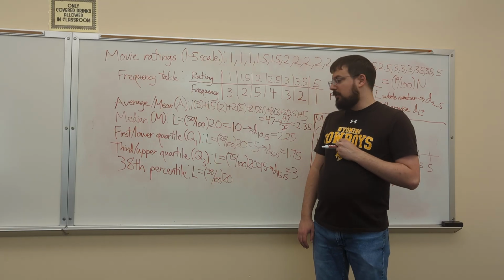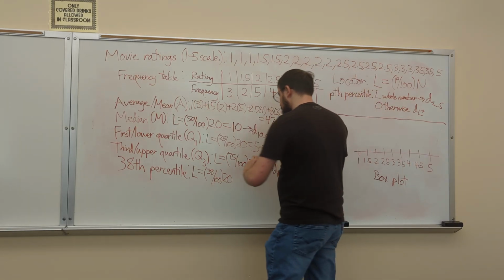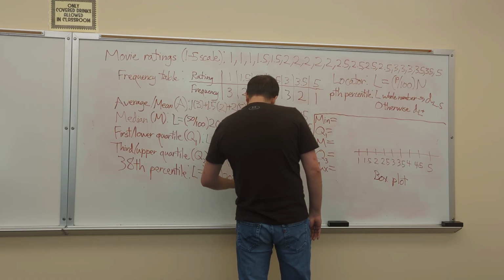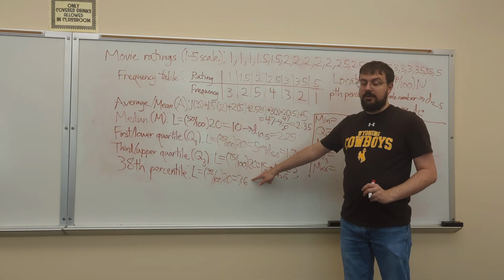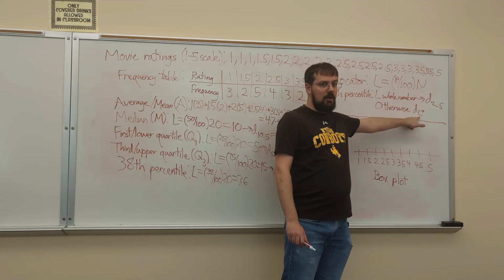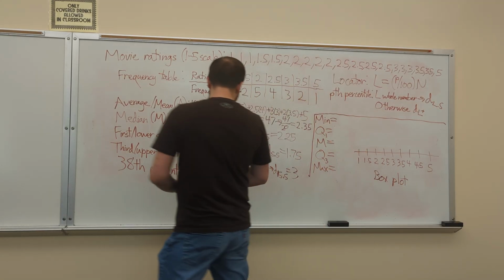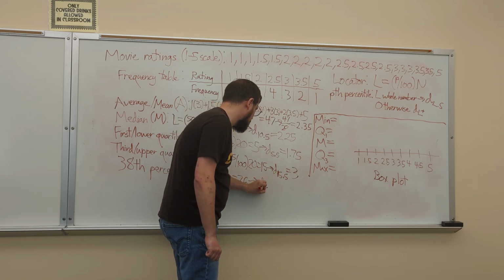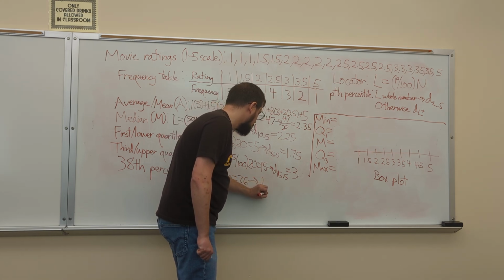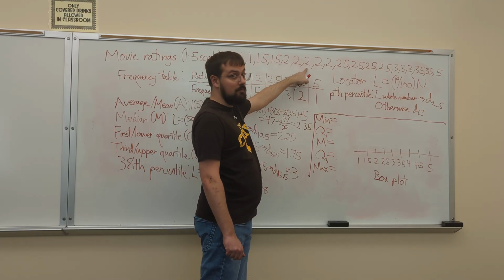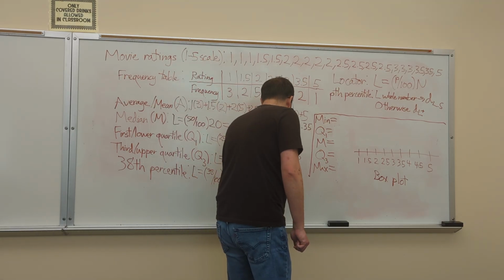So this works out to be 7.6. So notice this time we have a locator that is not a whole number. So we're going to go with the data point that goes with our locator rounded up. So 7.6 rounded up, that would be 8. So we want data point number 8, which is 2. So that's going to be our 38th percentile.